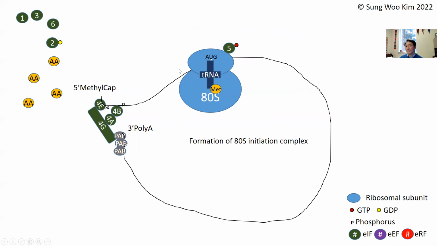All right, so those initiation factors are gone for other initiations of translation, and then the 60S came and combined with the other subunit, making the 80S initiation complex. Now you see initiation factor 5 with the GTP.